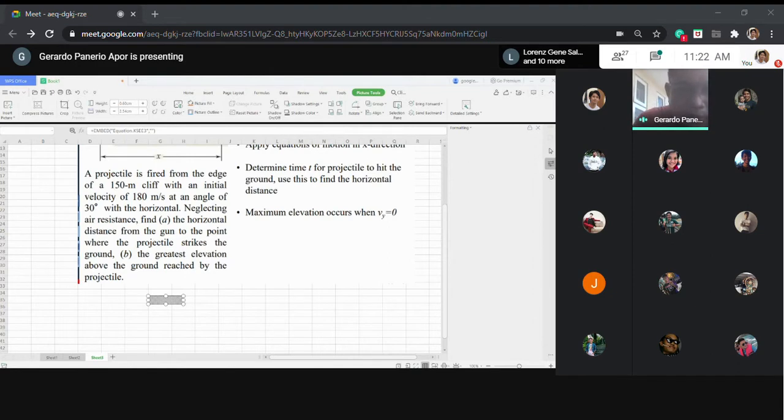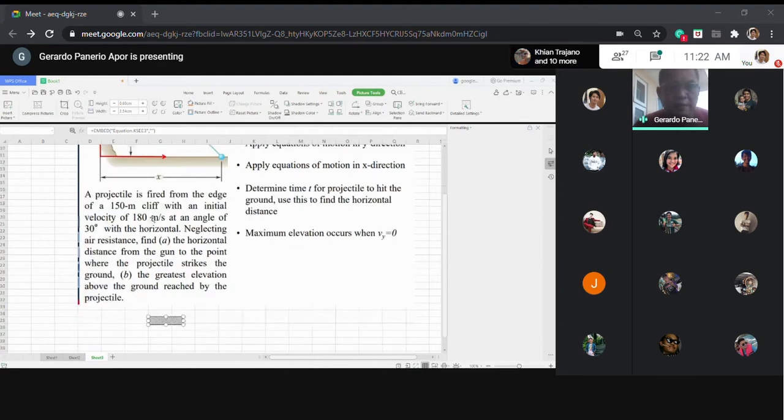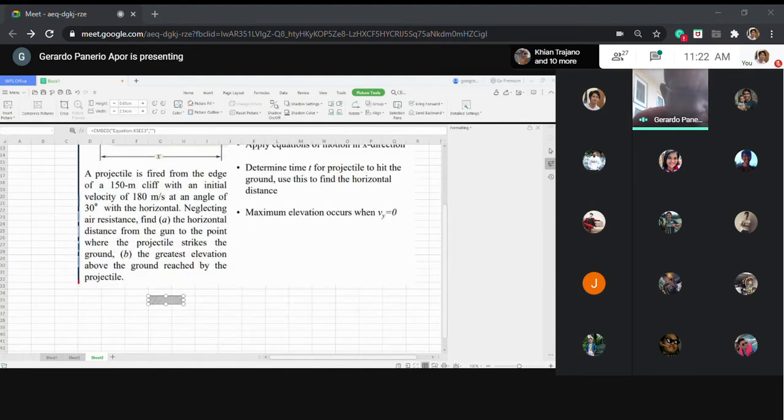And dx/dt is equal to, initially, 180 cosine of 30 degrees.